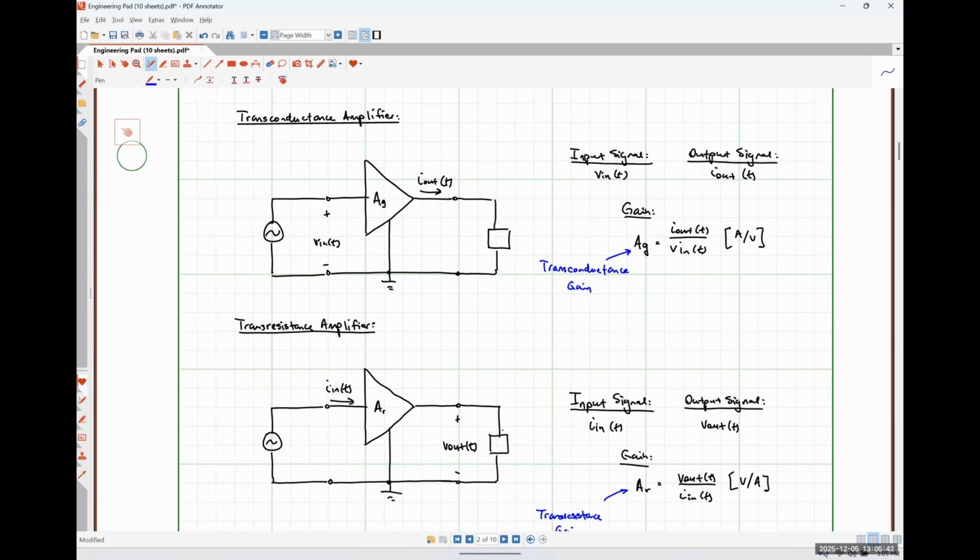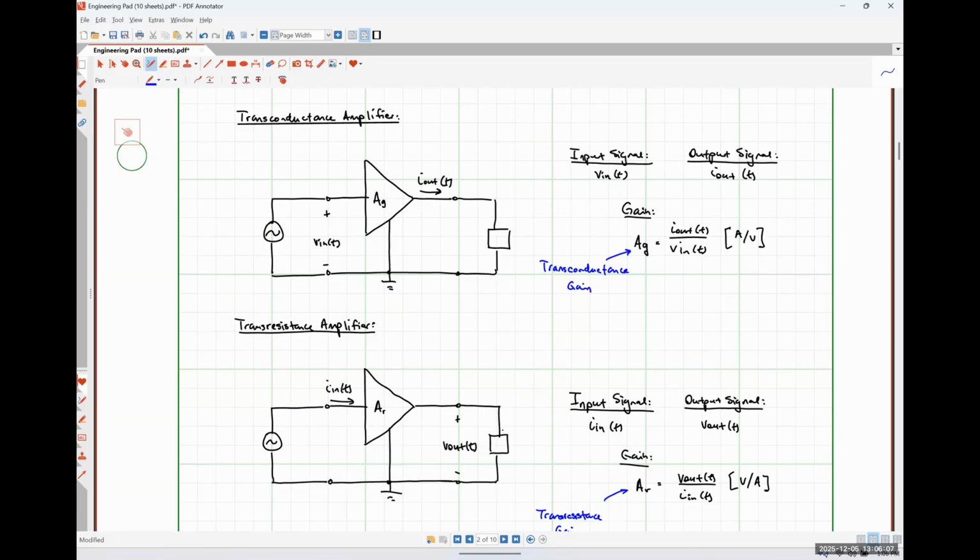So, yes. Does the amplifier determine the signal, or does the signal determine the amplifier? The signal determines the amplifier. Okay. So I can take an op amp, which is usually considered to be a voltage amplifier, but if my input signal is a current, it is now a transimpedance amplifier.